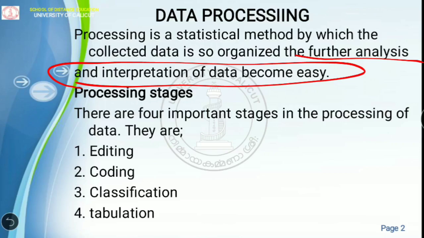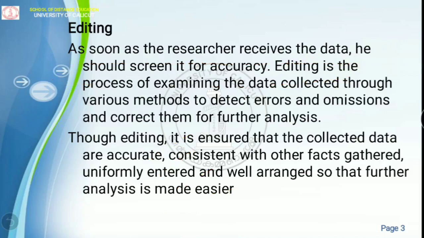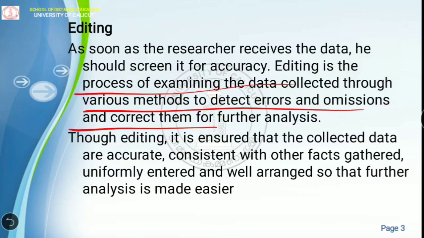The processing stage includes editing, coding, classification, and tabulation. Editing is the process of examining the data collected through various methods to detect errors and omissions and correct them for further analysis. If there are any errors, we will rectify them.